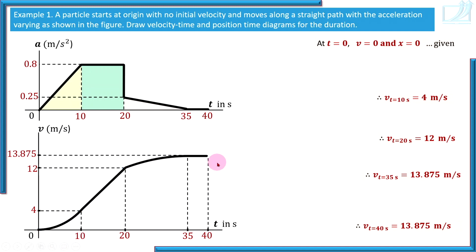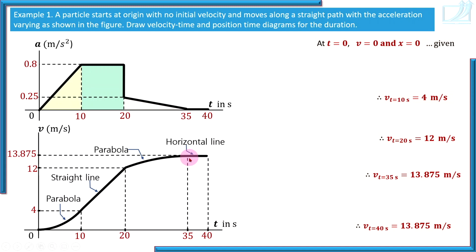After completing the VT diagram, you should name these curves. So this curve from 0 to 10 is a parabola. From 10 to 20 seconds, it is a straight line. From 20 to 35 seconds, it is a parabola. And 35 to 40, it is a horizontal line.